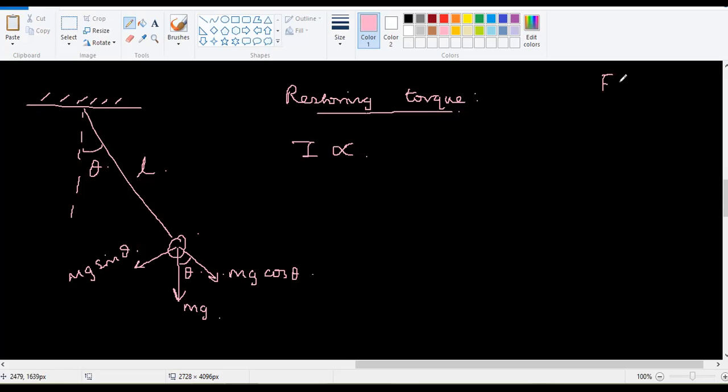Why? Because F is equal to ma. Similarly, this is the linear world; in the rotational world, torque is equal to I into alpha. Just a side note. Torque is nothing but force into perpendicular distance. So the force mg sin theta is what is pushing this way, and then it's the length.